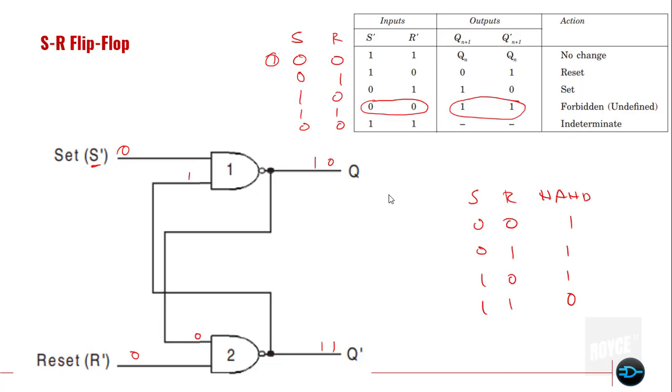Now, what if gamitin naman natin yung isa? Dito tayo sa isa. Ayan, 1, 1. Okay, so we have 1, 1.